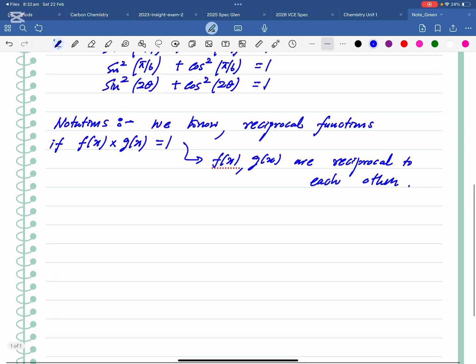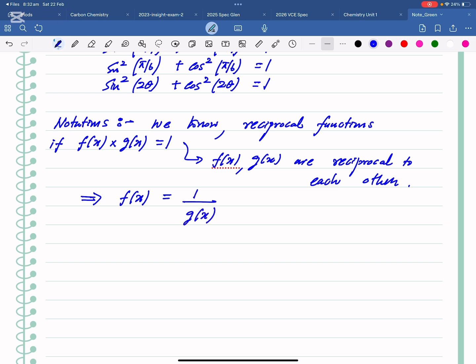So this also means that f(x) can be written as 1 divided by g(x). Right? So this is well known.